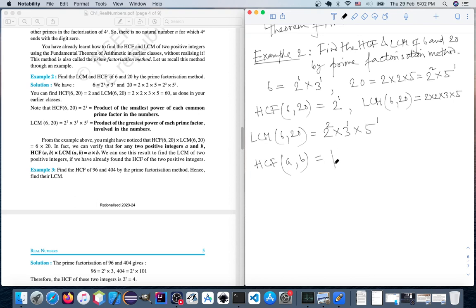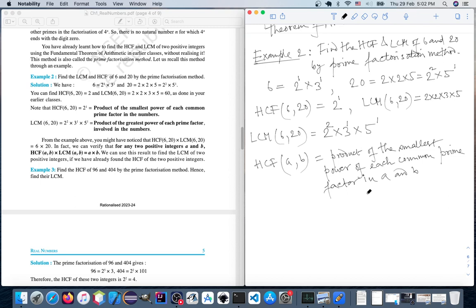It says product of the smallest power of each common prime factor in A and B. So what does it say?